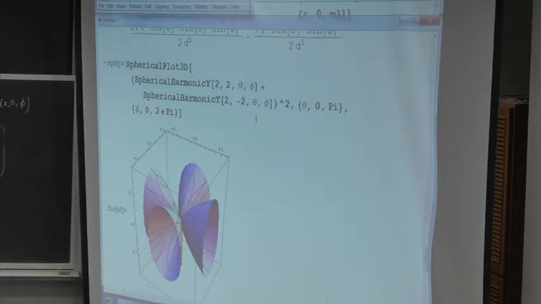Okay, so this has an iota as well. This is plus minus 2 spherical harmonic. So this is the dx square minus y square.